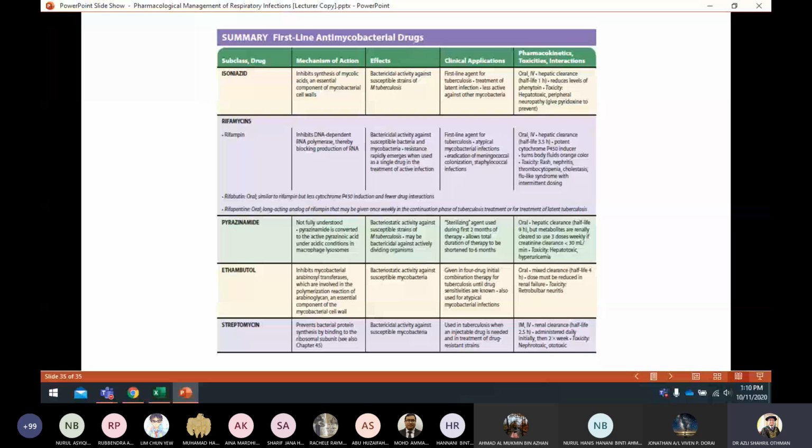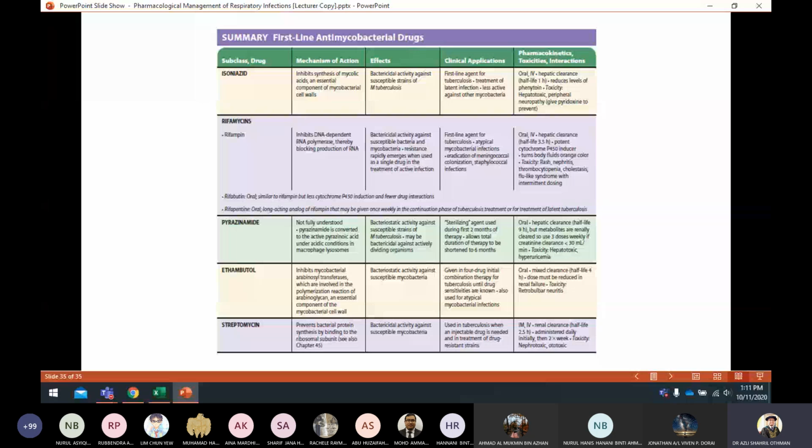I know Dr. Kudus or probably Prof. Salas also goes through the list of drugs in their lecture. Just be wary, because the updated research is actually telling us that some of the mechanisms of action are a little bit more confusing, or a little bit more complicated.